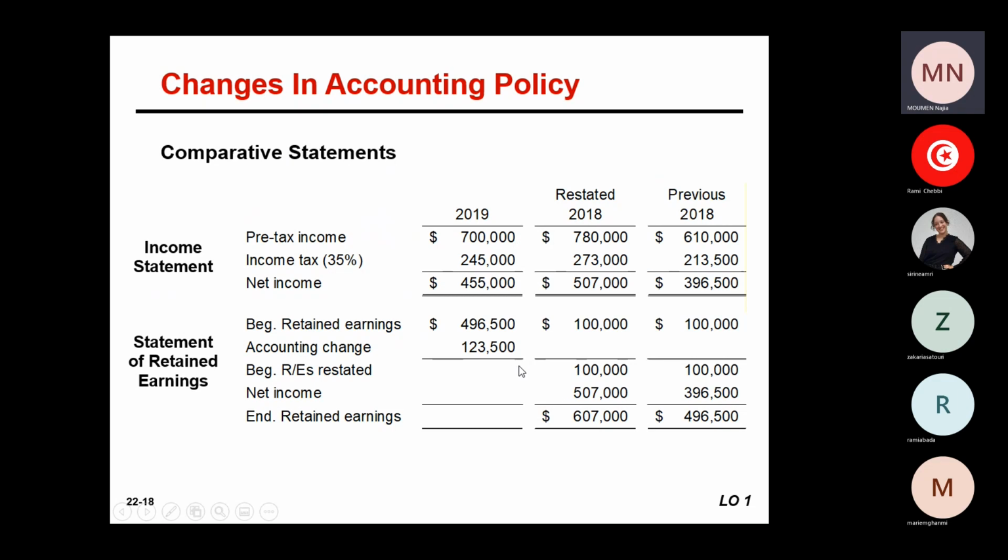That's the effect of this change from the cost recovery to the percentage of completion method. So that's the same, we use the amount directly. And then we got our net income of 455. So that's the 1,062,000 ending retained earnings, okay?